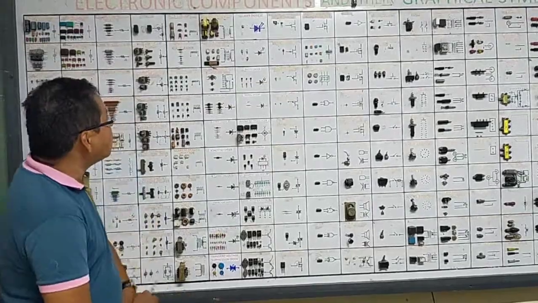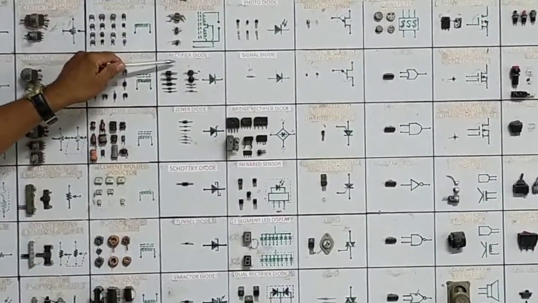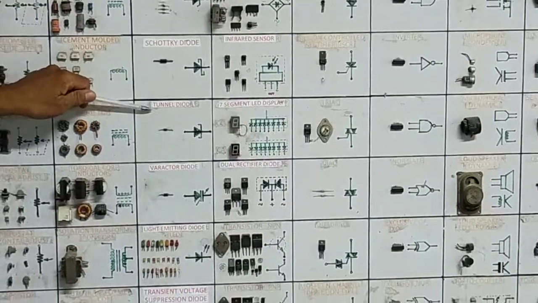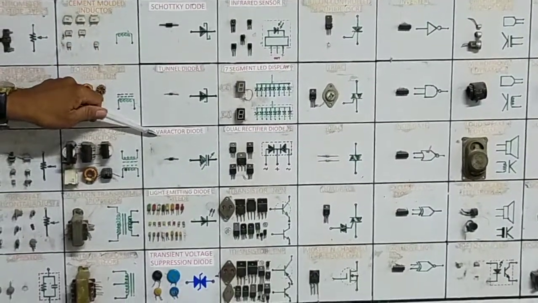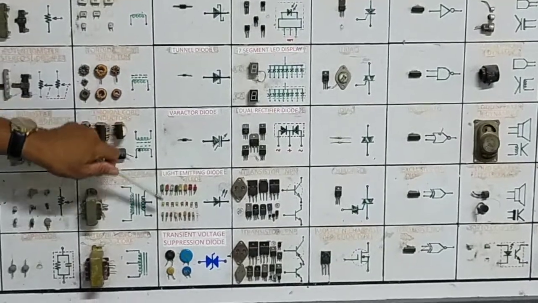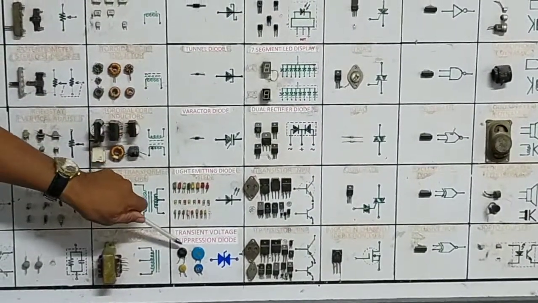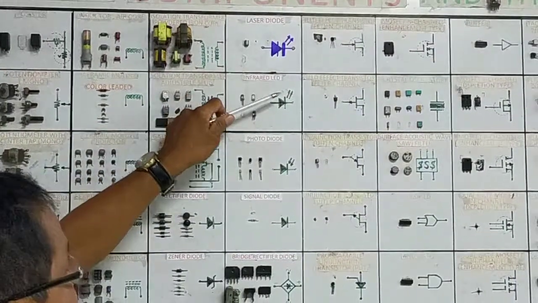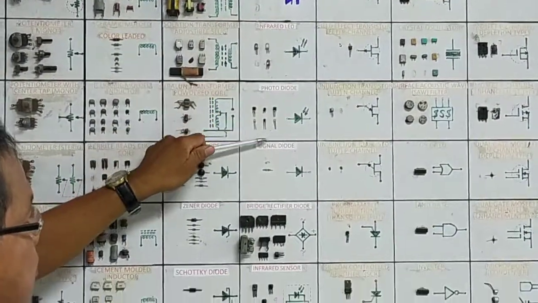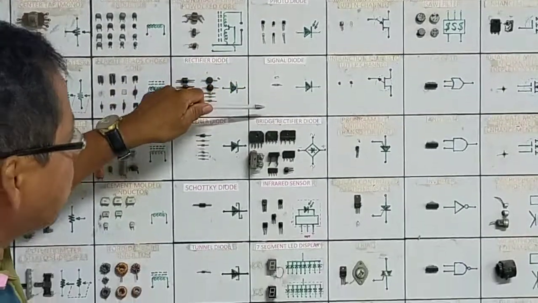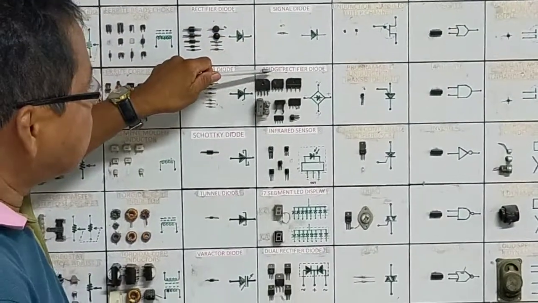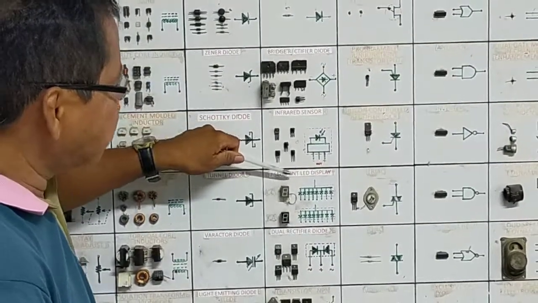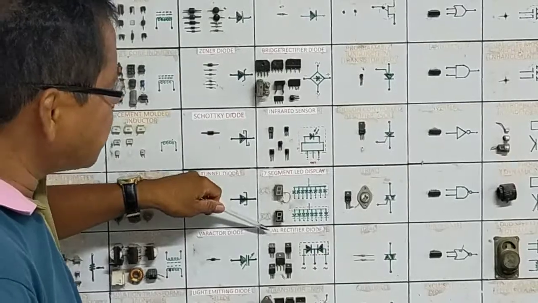These diodes are rectifier diode, Zener diode, Schottky diode, tunnel diode, Varactor diode, light emitting diode, transient voltage suppression diode, laser diode, infrared light emitting diode, photodiode, signal diode. Also included in our lesson are bridge rectifier diode, infrared sensor, 7-segment LED display, and dual rectifier diode.